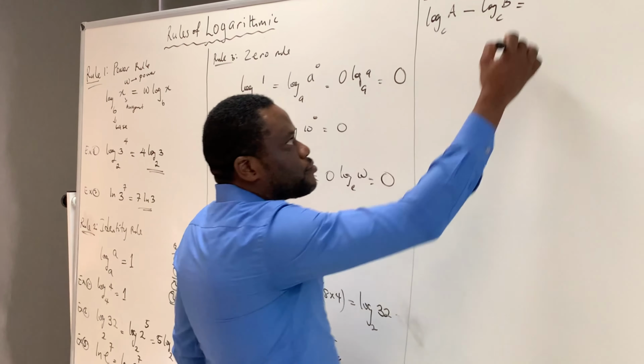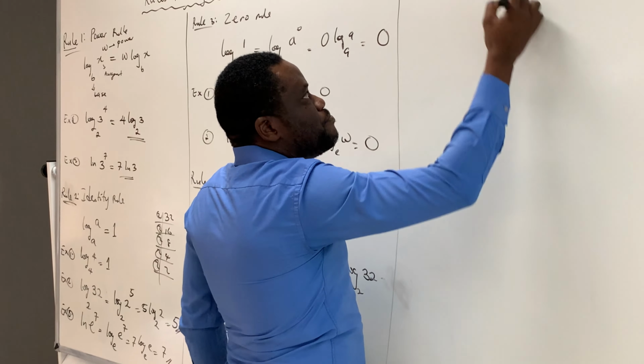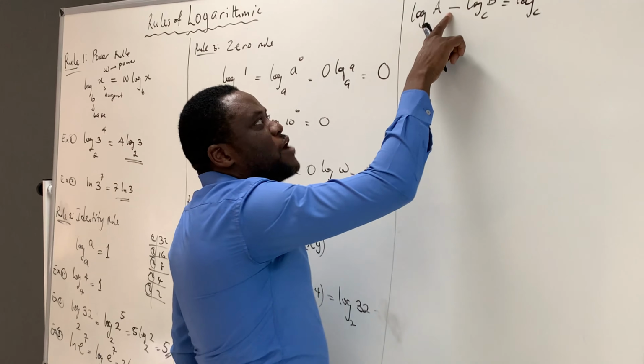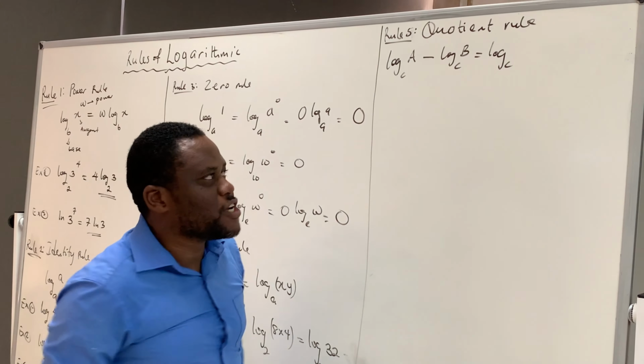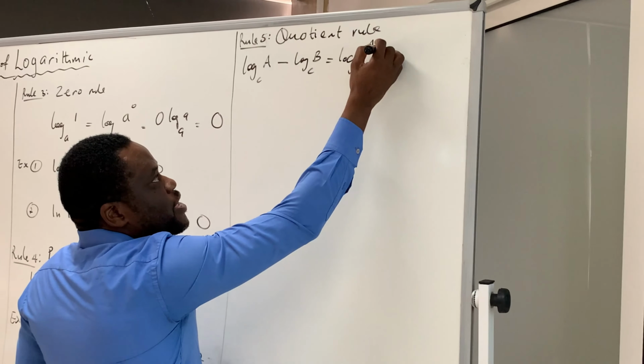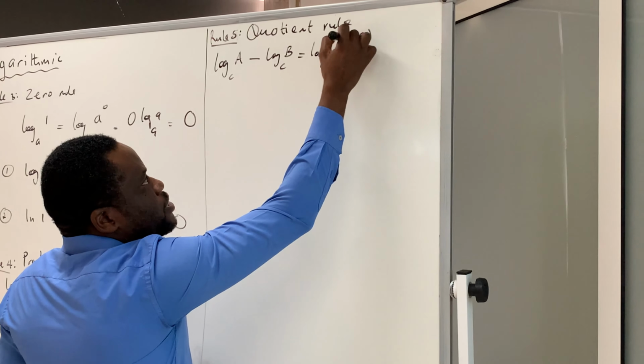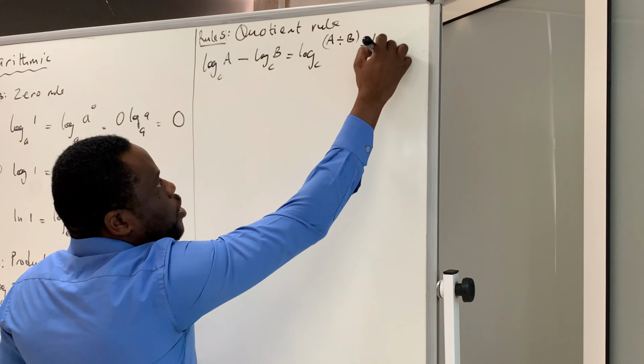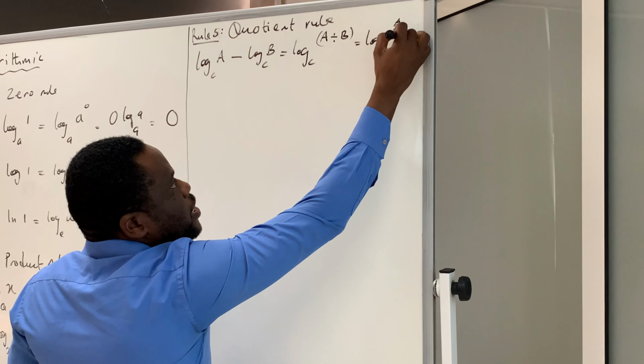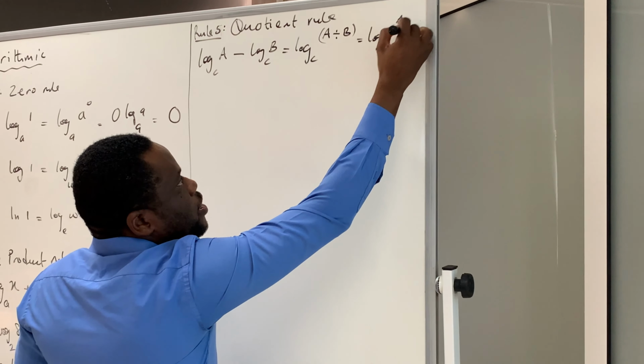Choose one. You have log in base C. Subtraction becomes division. So we have A divided by B, which means log C of A over B. Let's do an example quickly.